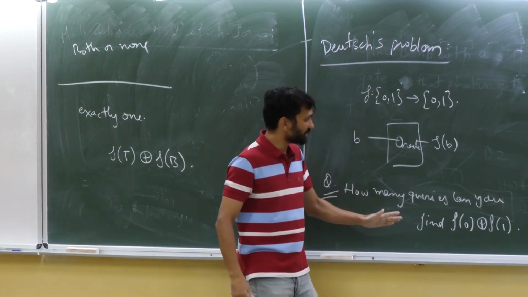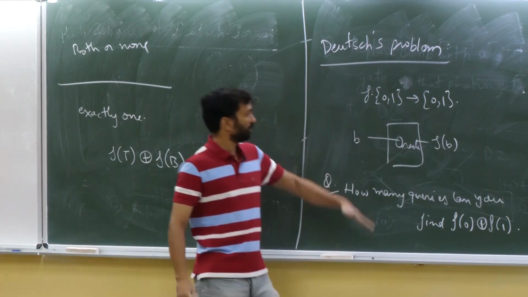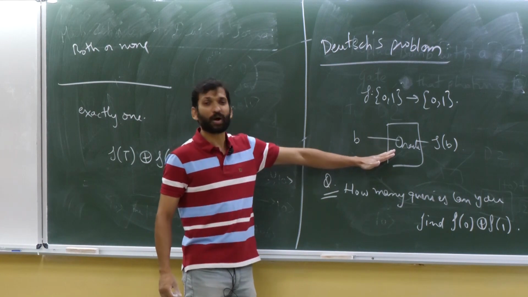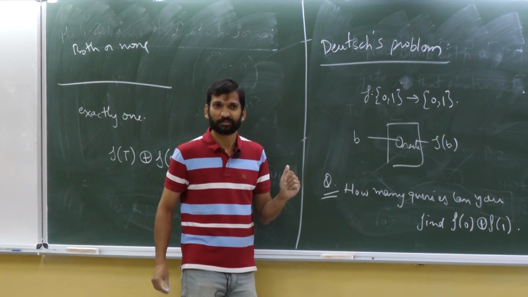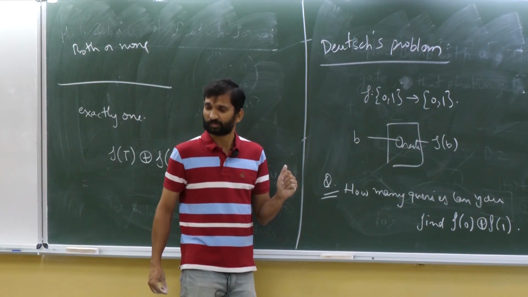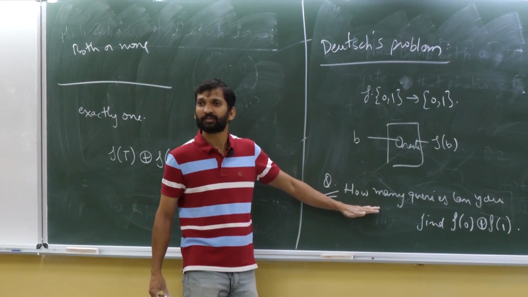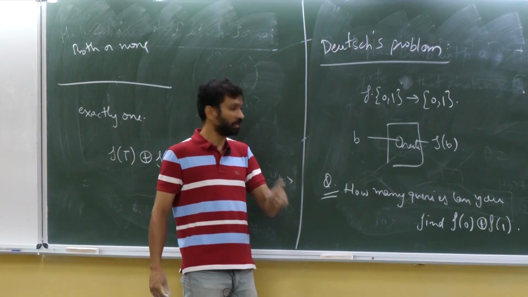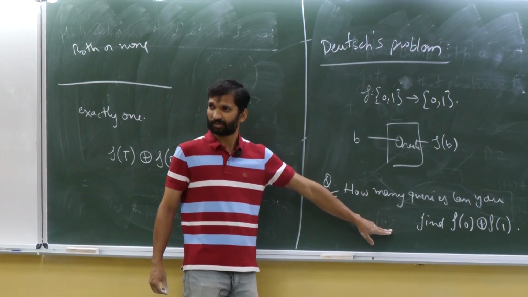Correct? So you are asking whether f0 is equal to f1 or not. Clearly, suppose every time you ask the oracle, it will charge you $1 million. Okay? Now classically, how much money do you have to spend? 2 million. There is no way in $1 million you can compute whether f0 is not equal to f1 or not. Correct?